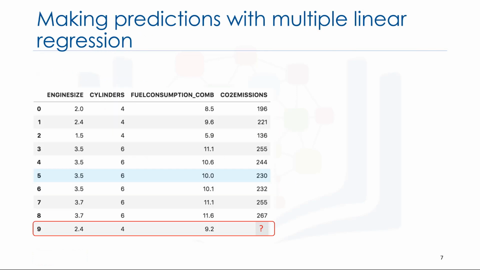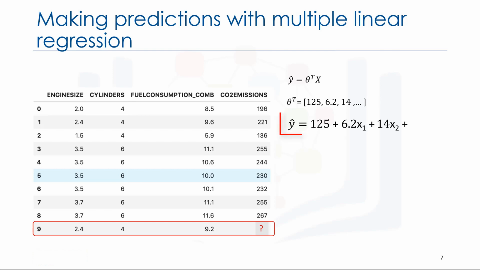After we find the parameters of the linear equation, making predictions is as simple as solving the equation for a specific set of inputs. Imagine we are predicting CO2 emission, or Y, from other variables for the automobile in record number 9. Our linear regression model representation for this problem would be y hat equals theta transposed x. Once we find the parameters, we can plug them into the equation of the linear model.